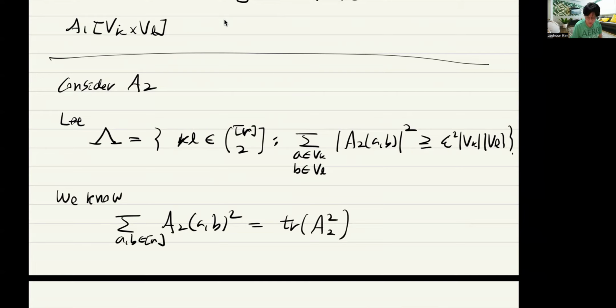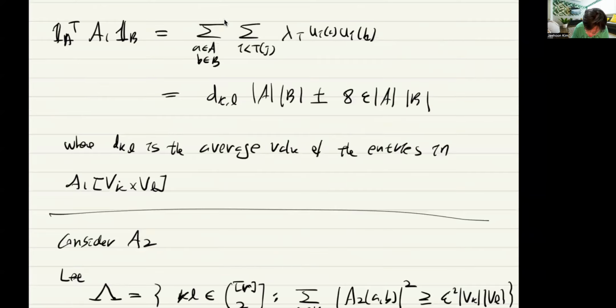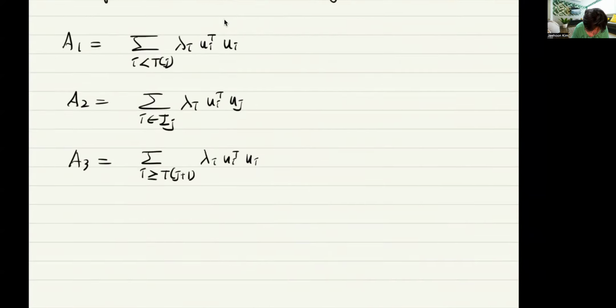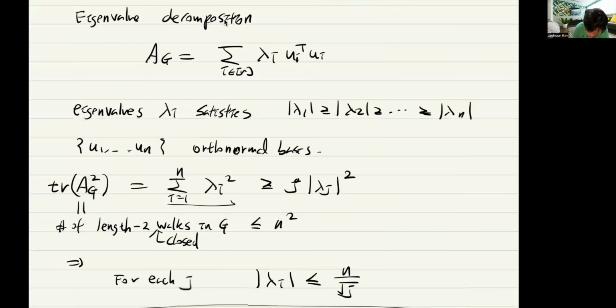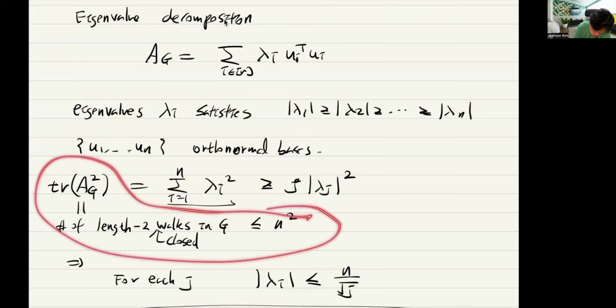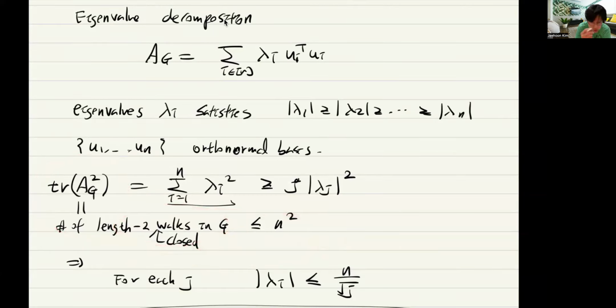This is basically the same argument as we did before. The trace is the same as the number of length-2 walks, which is bounded by the number of edges in G. Now your coordinate in the matrix is not necessarily 0 or 1, so you count the weighted count of these length-2 walks.